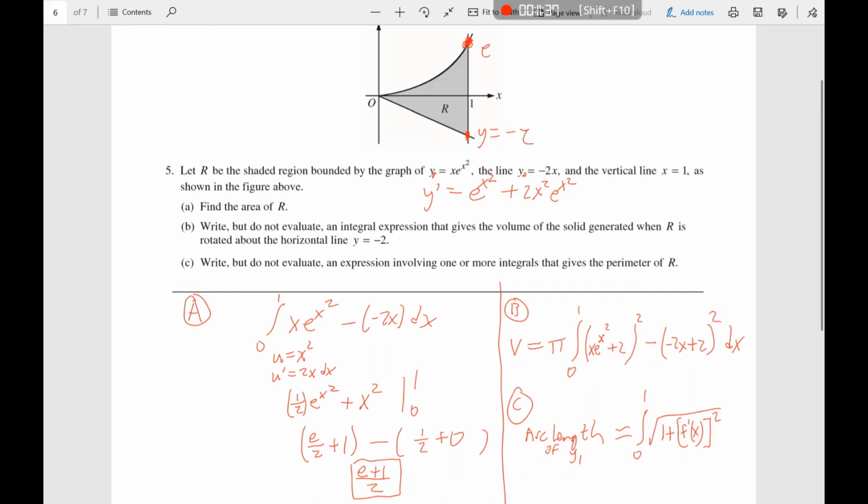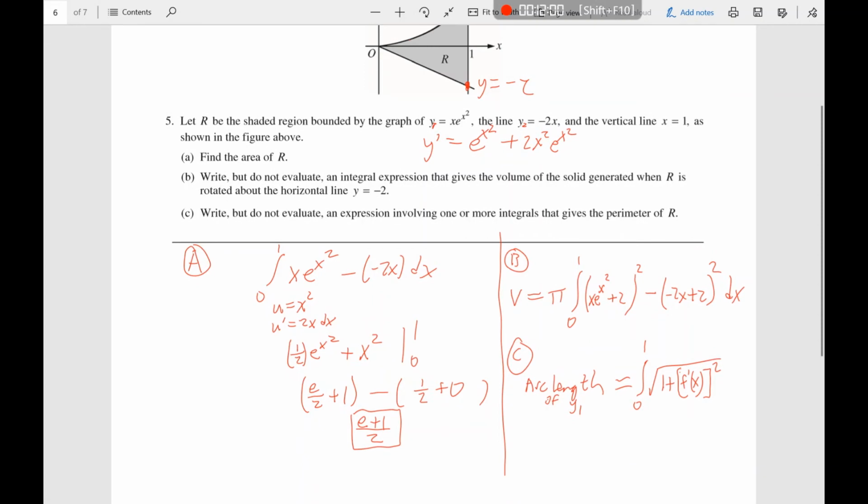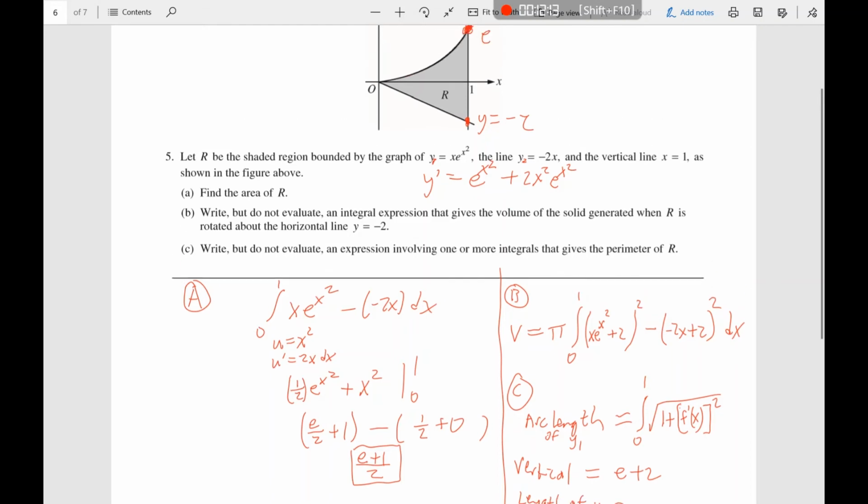Okay, e to the 1 squared is just e to the 1, right? So that's just e. Okay, so what's the total distance from here to here? e plus 2. Okay, so I've got vertical equals e plus 2. Then I've got the length of y2 for the last part. How can we get the length of y2?